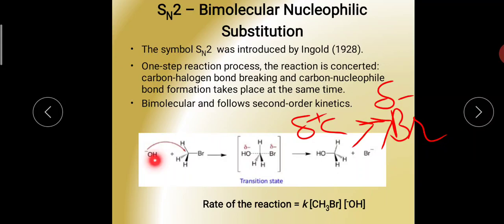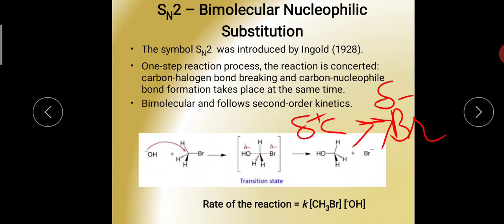So as soon as your OH comes closer to your carbon, this bromine starts moving away with its pair of electrons. That is why in the transition state you see that there is a partial bond between your OH and your carbon and a partial bond between your carbon and your bromine.